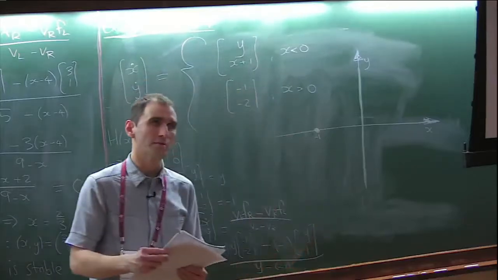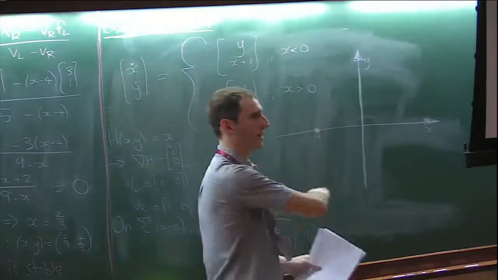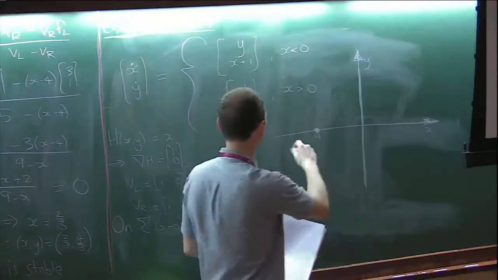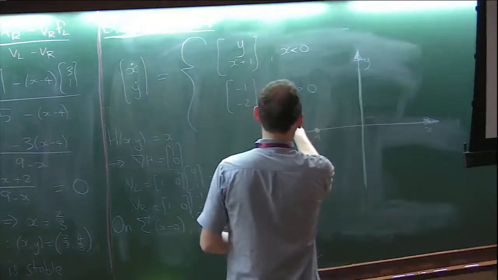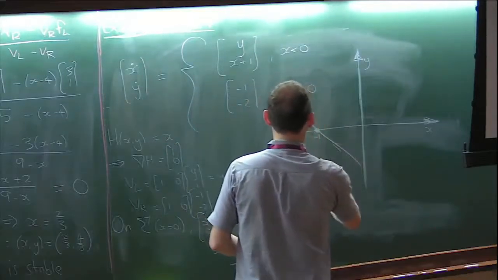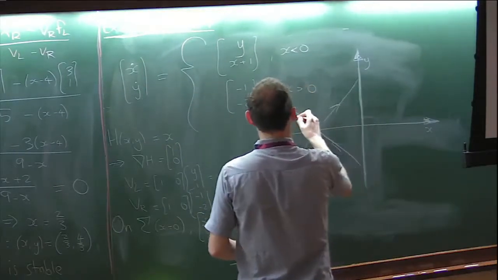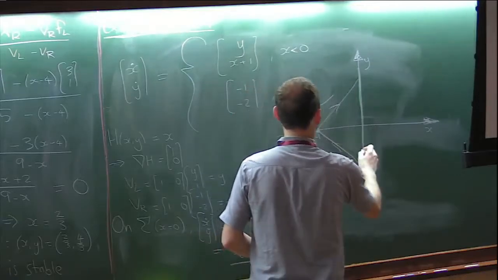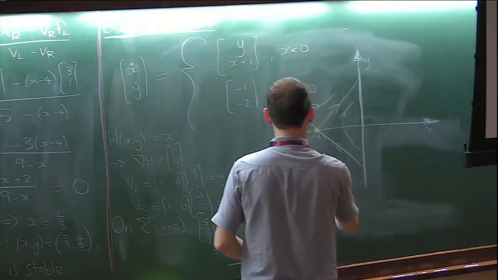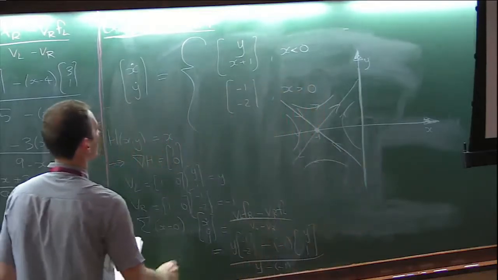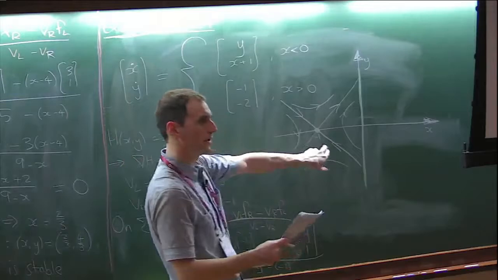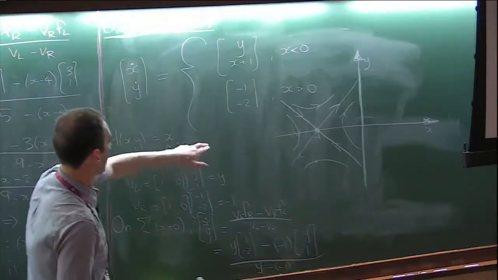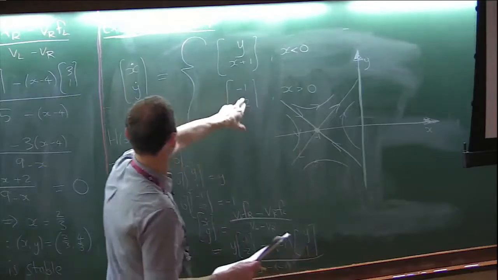You find that the eigenvalues are plus or minus 1, and the eigenvectors have slopes of 45 degrees. So the regular equilibrium is a saddle. Okay, and this system on the right has no equilibria because it's constant.